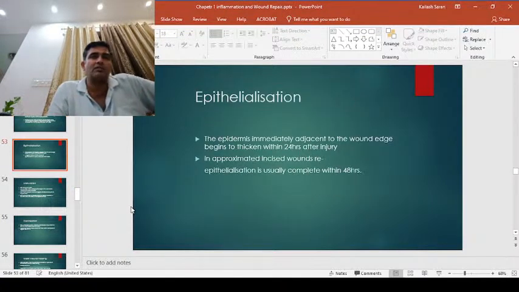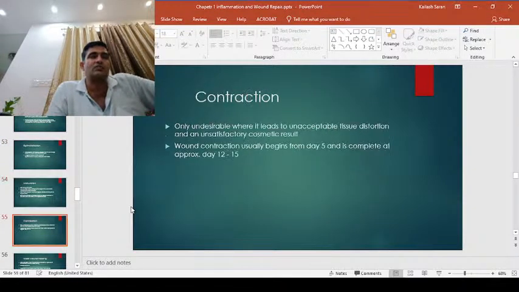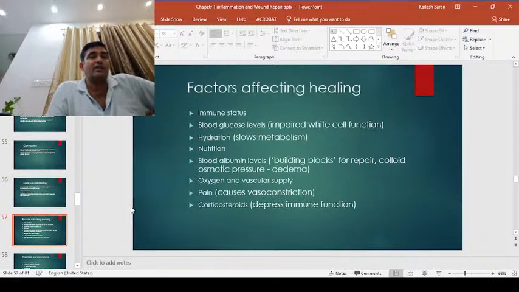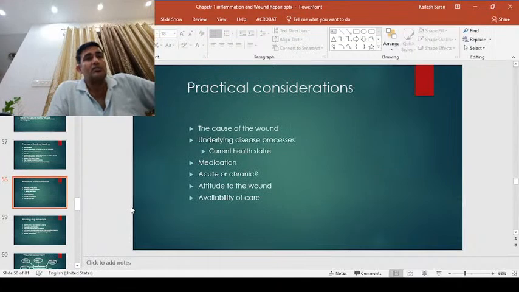You must remember this: epithelialization, maturation, contraction, then moist wound healing, and what factors affect wound healing. And remember these practical considerations. Why?